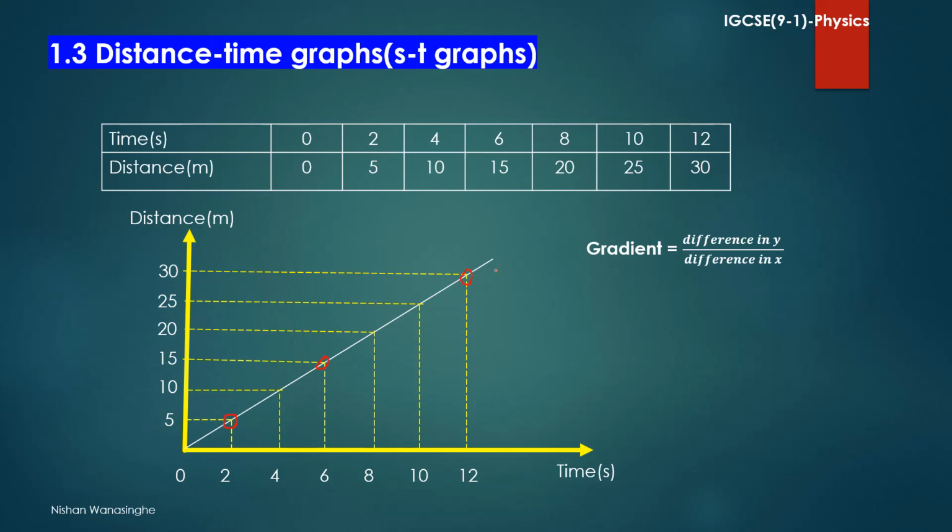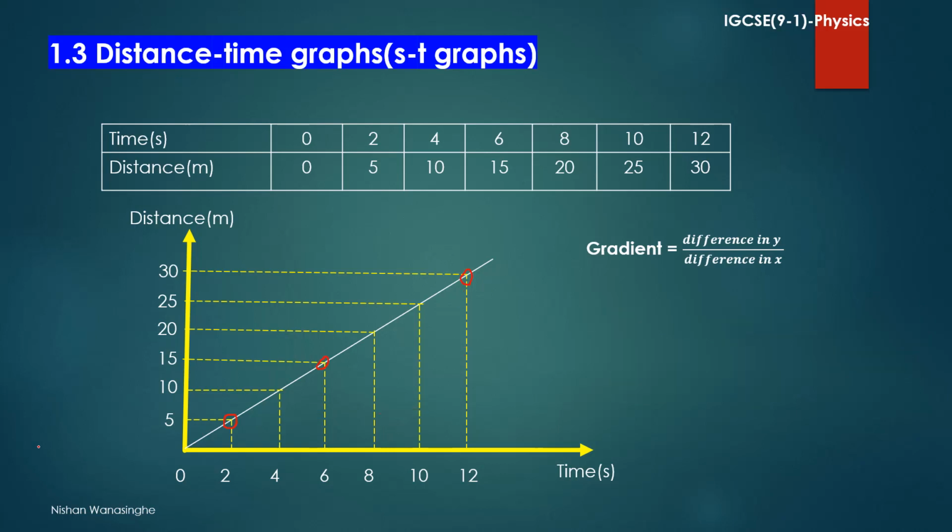We have to find the biggest triangle to get the gradient. If you choose 2, 5 and 12, 30, you get a larger triangle, but if you choose two close points, you get a small triangle. So the standard is to select the largest possible triangle to find the gradient.